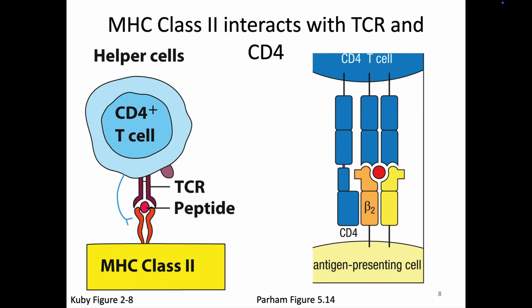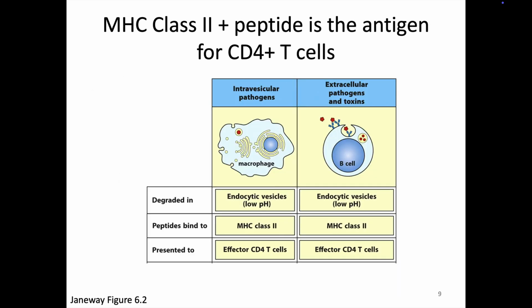The CD4 T cells, of course, are one of our types of T cells. You can kind of see this general idea here of what we've been talking about. We've got these vesicles, these compartments where we're getting our peptide that we're going to present on class 2, and we're going to use that to turn on a CD4 T cell.